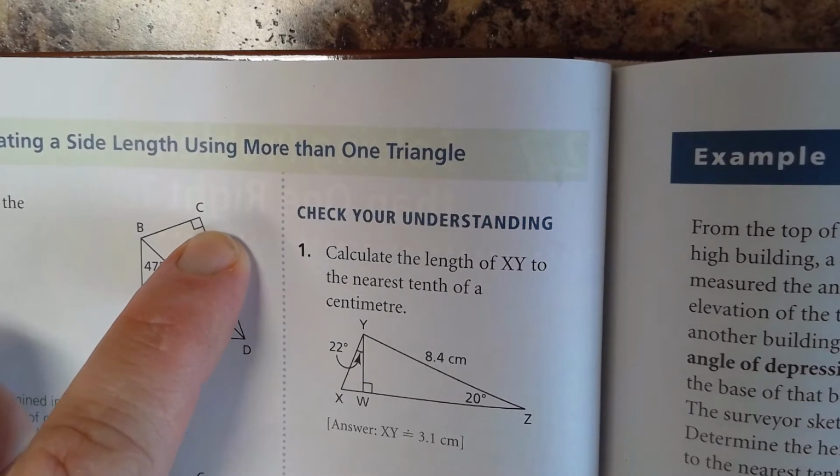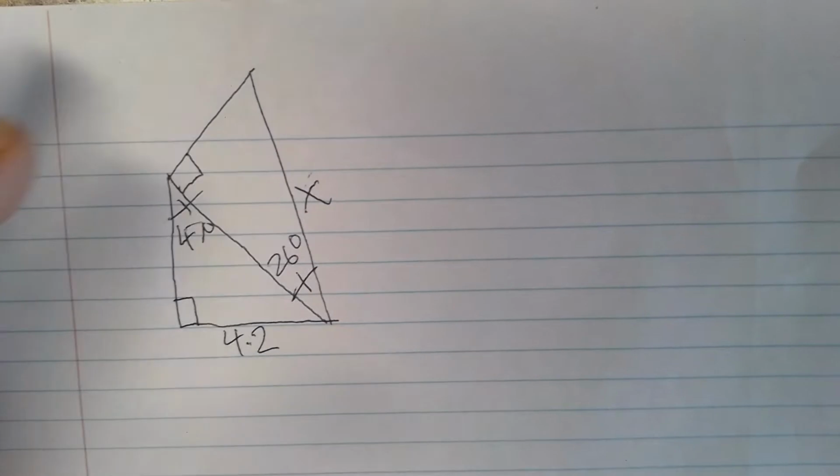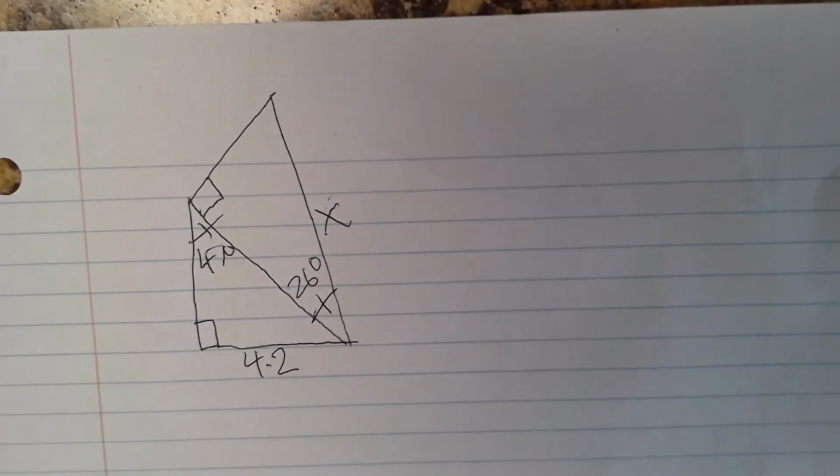CD is this side right here. Okay, so let's label it on our sheet. So we'll do whatever we need to do to find this side. Now, we have no known side in the top triangle. So you can't solve for an unknown side unless you have at least one known side.